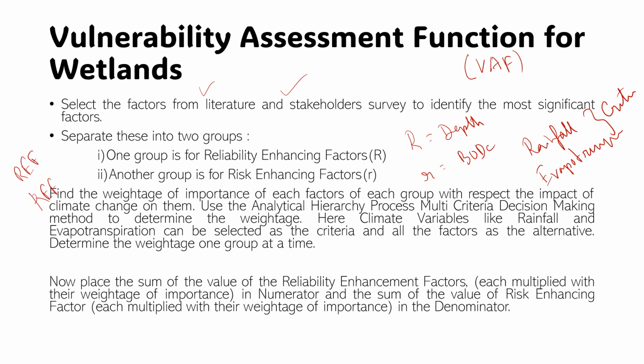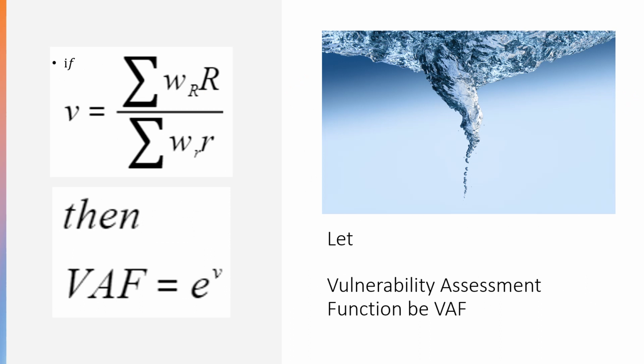So this is the equation. You see this is the summation sign, and this W_R is the weight of the R's. Each R has its own weightage. Multiply both of them, R being the value of that factor's magnitude, and then add them. For reliability you place this function in the numerator, and for risk you place it in the denominator, such that when reliability factors increase, V increases.